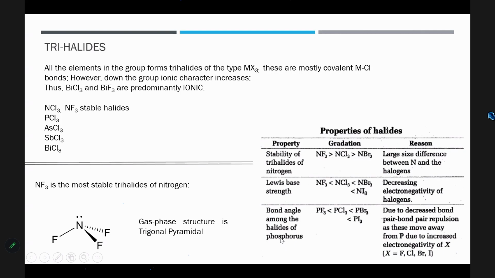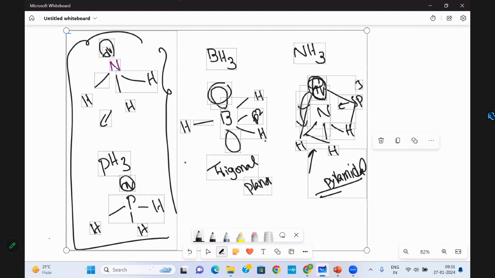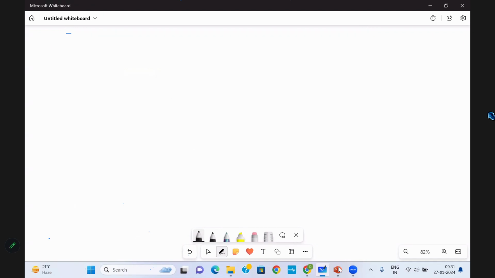This is a very, very interesting slide. Here you see nitrogen halides and ammonia.